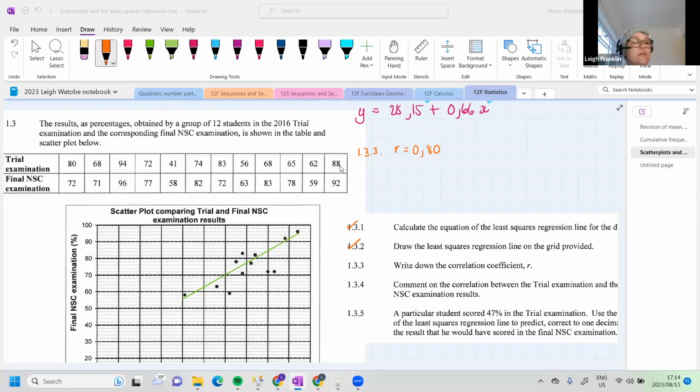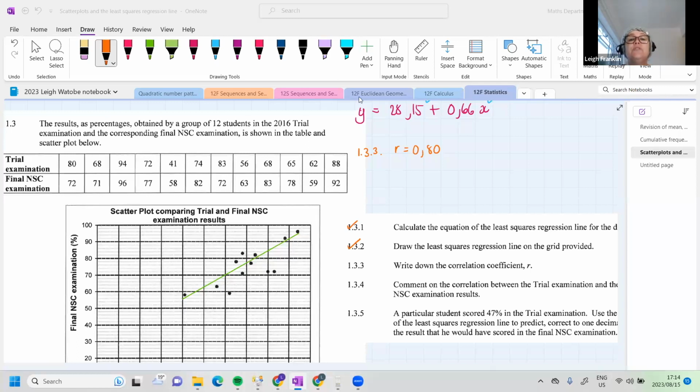So how closely related your trials examination is to your final NSC examination. So if there is a strong positive correlation, it means that I can use the equation of the least squares regression line to accurately predict what you would get in your final NSC exam if I had your trials exam results.